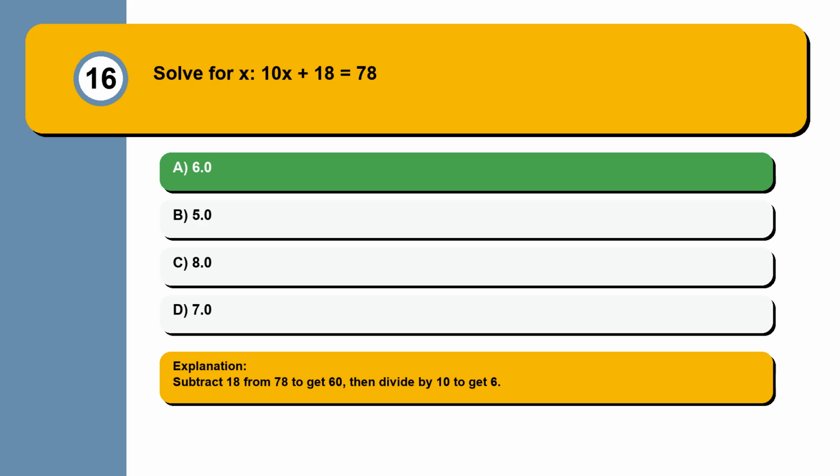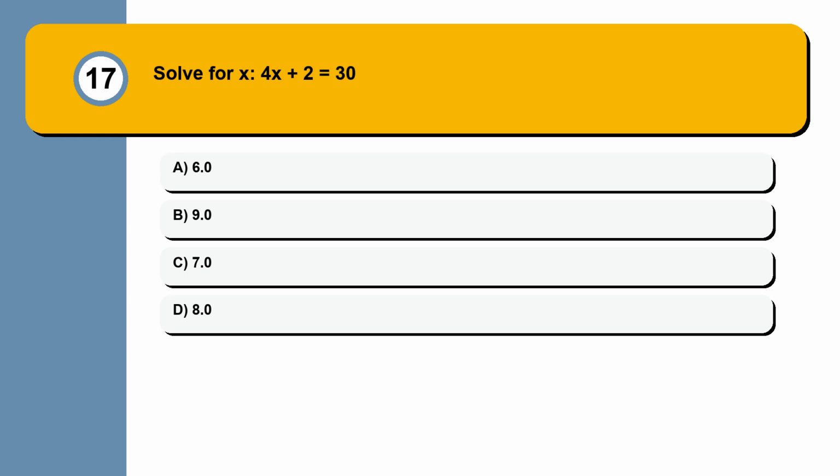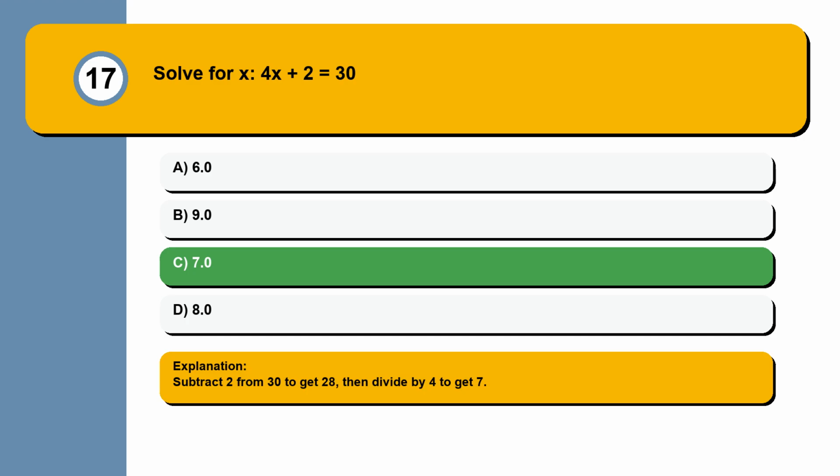Subtract 18 from 78 to get 60, then divide by 10 to get 6. Question 17. Solve for x. 4x plus 2 equals 30. Options: 6, 9, 7, 8. Subtract 2 from 30 to get 28, then divide by 4 to get 7.